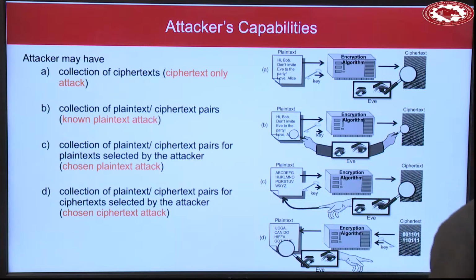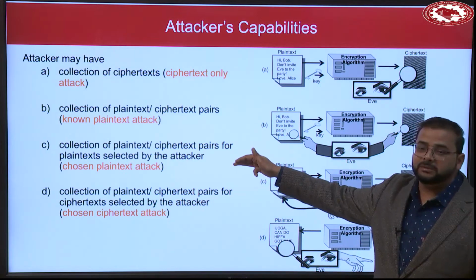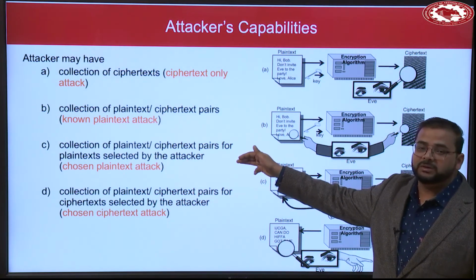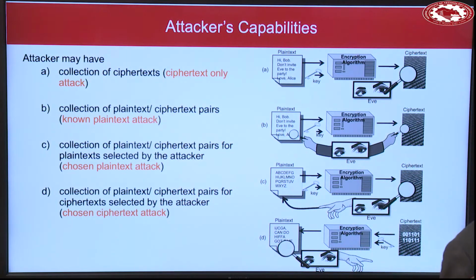So when we build a system, secure system, we expect the system that we have designed meet this level, at least level 3, where attacker might pick any plain text, give it to the black box, get the ciphertext, and now we are asking it to crack it. Given the ciphertext, can it crack it to the plain text? So that's how we design system understanding capabilities.